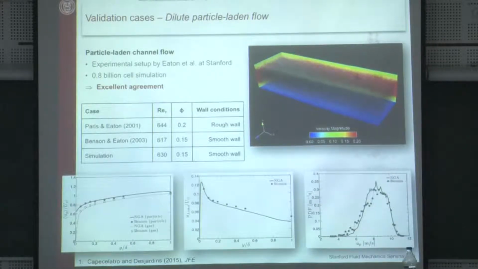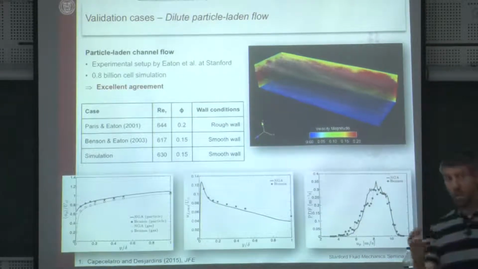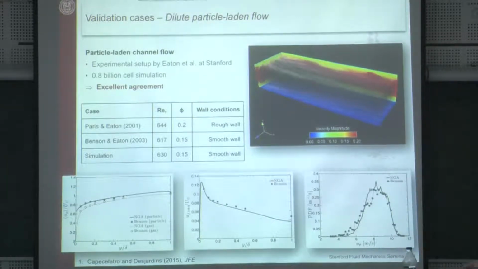The friction velocity based Reynolds number for the channel is a Re tau of about 600. So it's a pretty high Reynolds number, but not enormous. We simulated this using full DNS resolution. So basically, if we were to remove our particles, our mesh would be sufficient to do full DNS at that Re tau of 630.